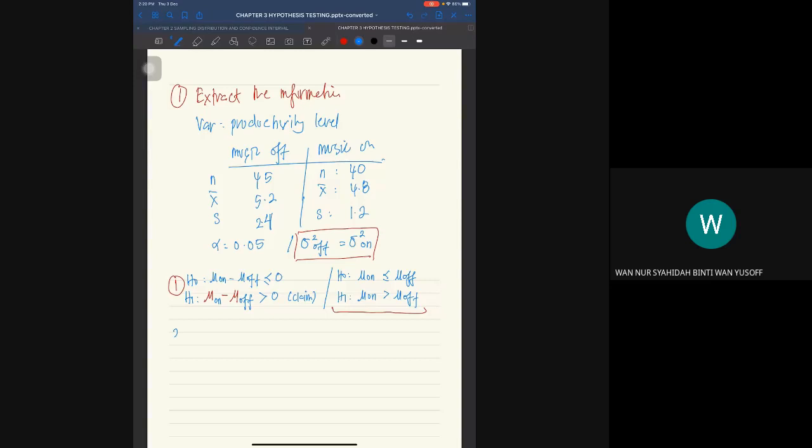Then step 2 is to choose the test statistic. The first condition, do we have sigma in our question? No, so sigma is unknown. And then the equality of the population variances, do we have equal or unequal?